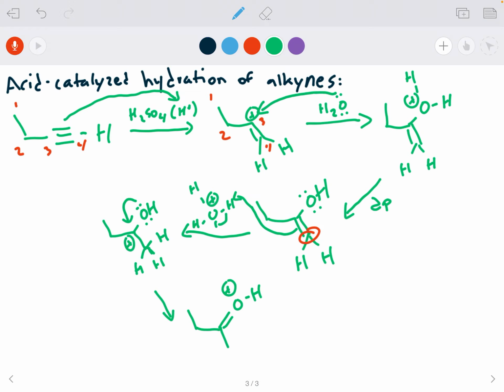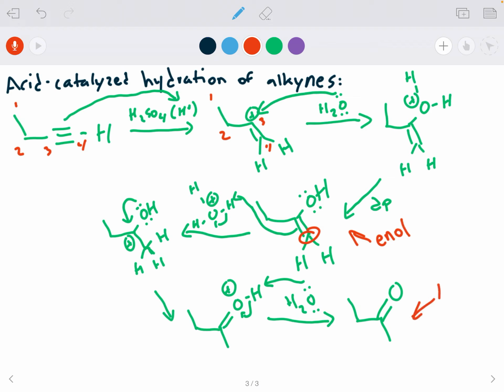And then our last step, water comes in to take away the hydrogen from that oxygen to give our final ketone product. This would be the enol, but that is not going to be our final product. The ketone here is the final product of the acid-catalyzed hydration of an alkyne.